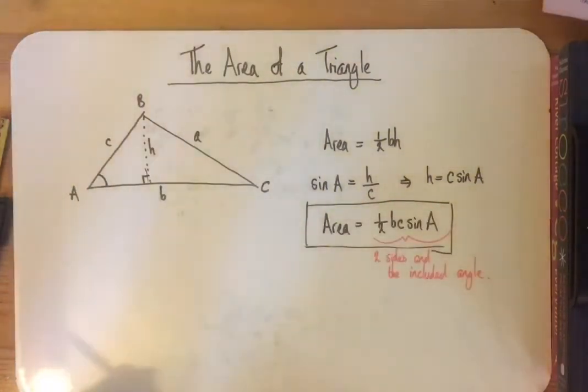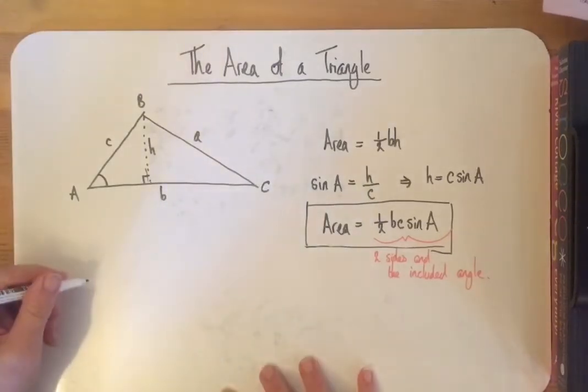Which makes applying it a lot easier. You don't have to start labelling up your triangle or anything like that. So like sine rule and cosine rule, this works for any triangle. It doesn't have to be right angled.